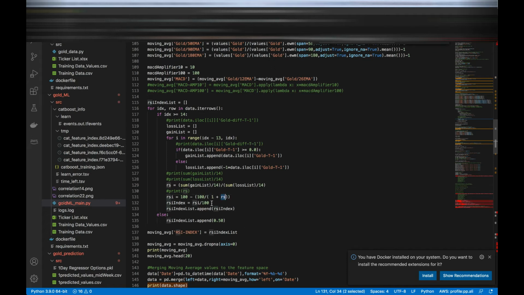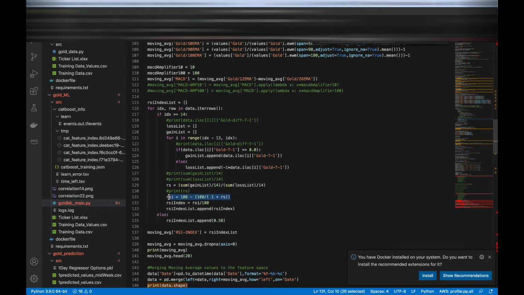This value is typically slightly bigger than 1, so the result will usually be less than 100, and the relative strength is the relative strength of the upward momentum, not of the downward momentum.